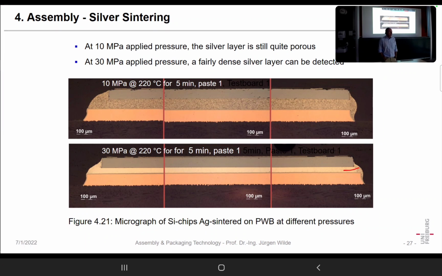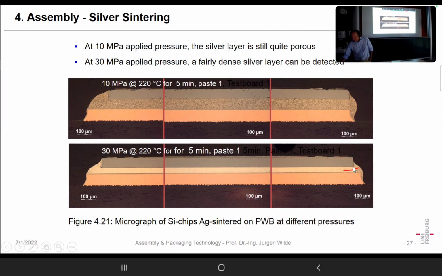So 30 megapascal, how many bar is that? Or how many atmospheres is that? 30 megapascal seems to be not so high, but it's 300 bar or 300 atmospheres. Yeah, that's high pressure. If we put that pressure on top of the chip, it will sinter well.